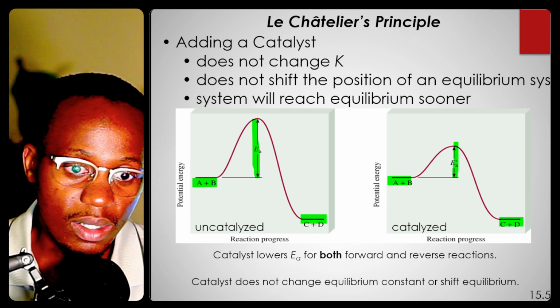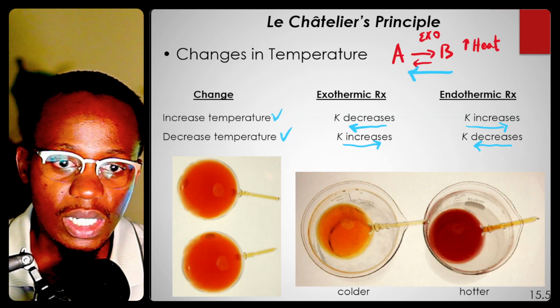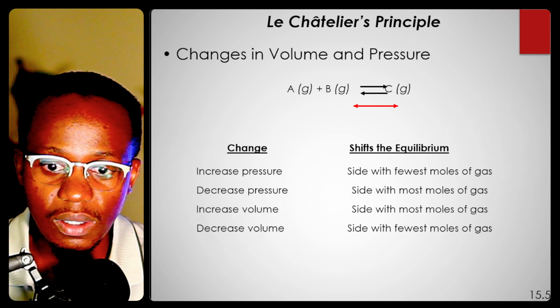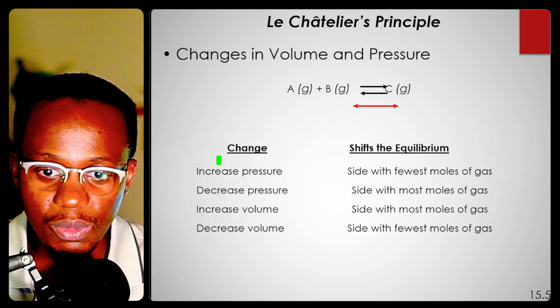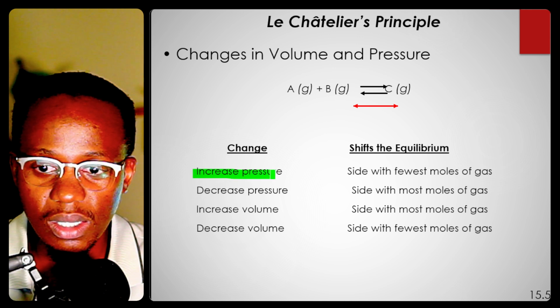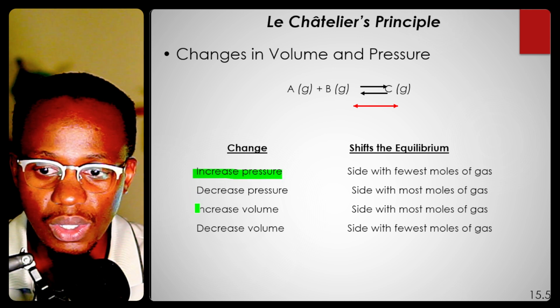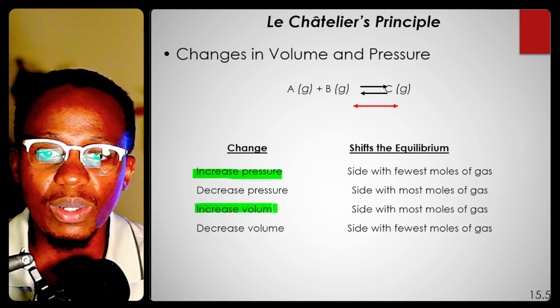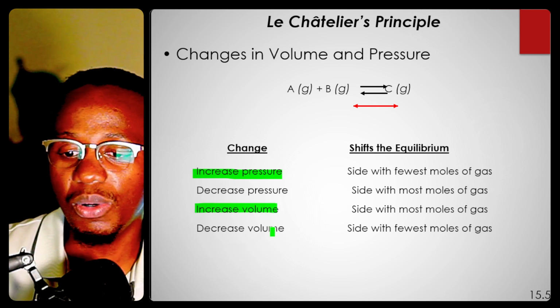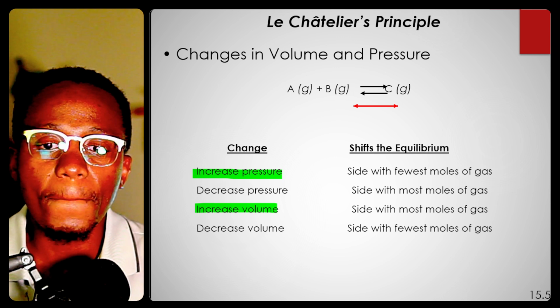But look at, for example, the temperature will change it, the volume will change. So this is the table I was looking for, right? If you increase the pressure or the volume, actually this is an important point that I almost forgot to say.